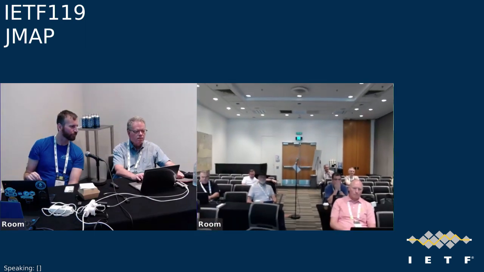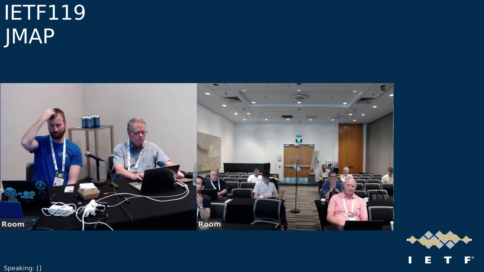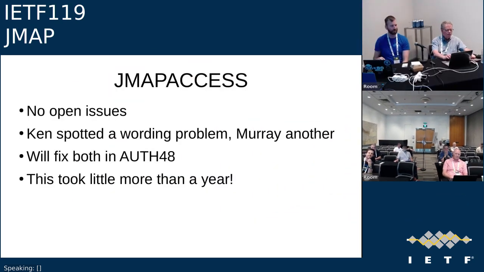We have 1 minute for JMAP access, and I think we're going to need an extra hour because we have a fascinating question to settle. JMAP access does not add any new grammar to IMAP. It does not add any new capability, or substantial capability, not name, to IMAP.